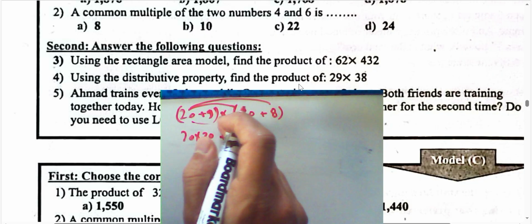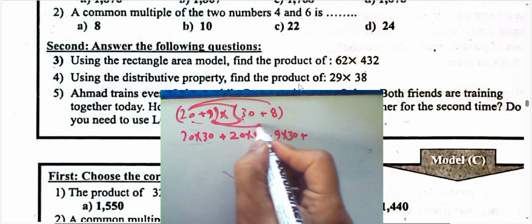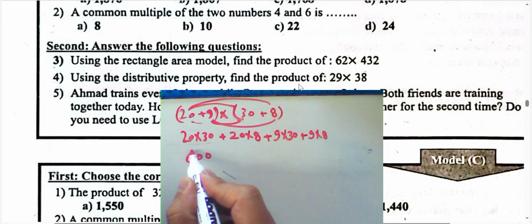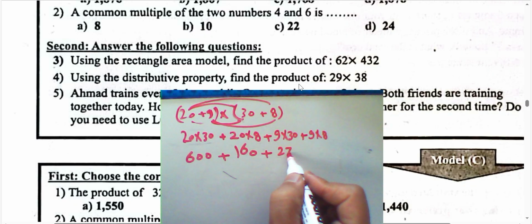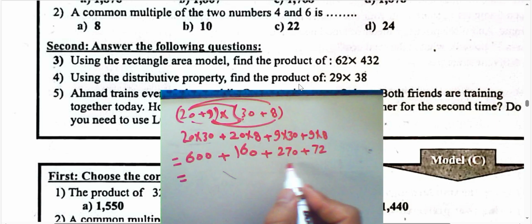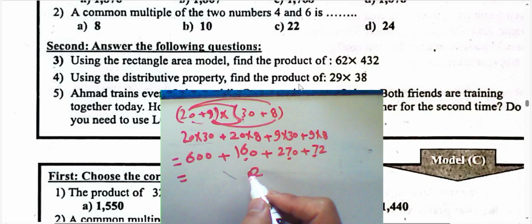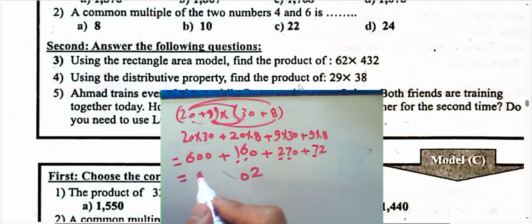Finish 20, now 9 times 30. And 9 times 8. 20 times 30, right, that is 0, 2 times 3, 6. 2 times 8, 16. 3 times 9 equals 27. 8 times 9, 72. 2 plus 0, 2. 7 plus 7, 14. 14 plus 6, 20. 0 and carry up 2. 2 plus 2, 4. 4 plus 1, 5. 5 plus 6 equals 11.